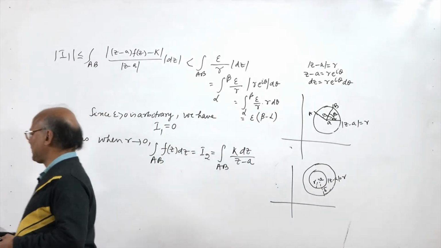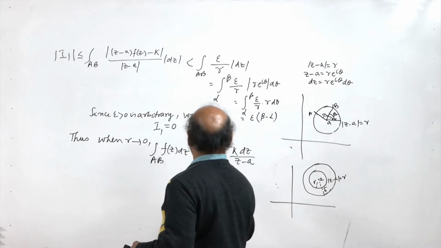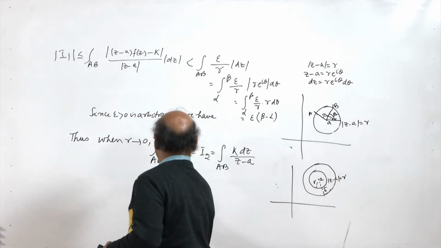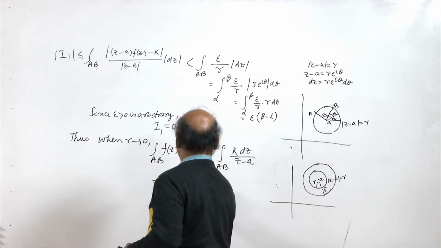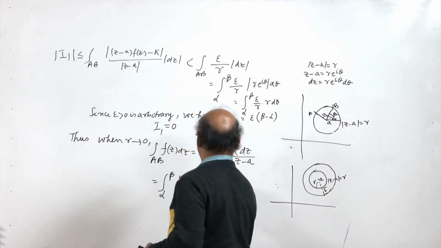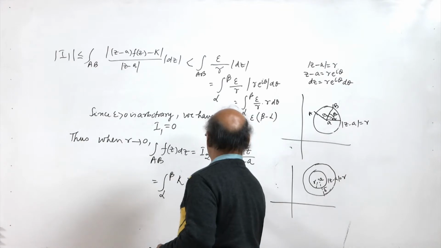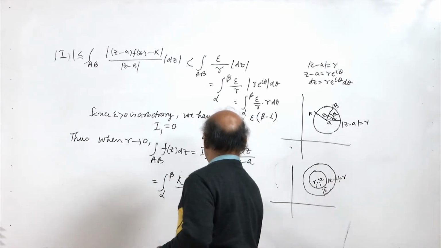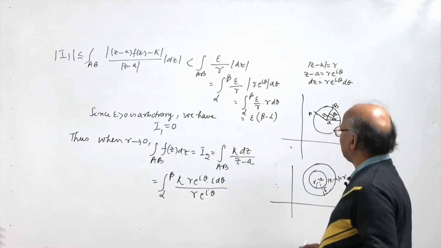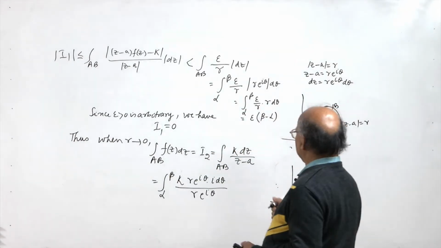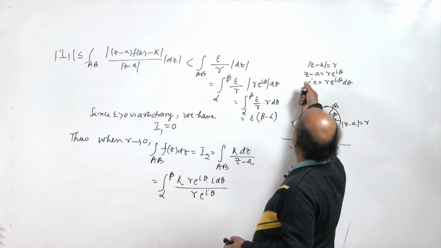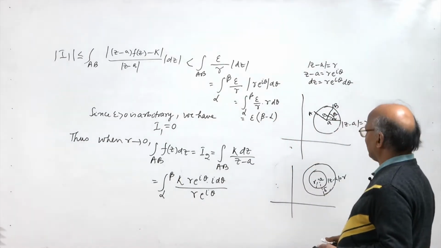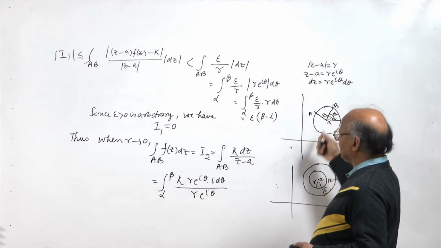Again, let us use the parametric representation of the arc AB. Then we have the integral alpha to beta of k times r e to the power i theta into i d theta divided by r e to the power i theta. The arc AB lies on the circle mod of z minus a equal to r, and so we can put z minus a equal to r e to the power i theta and dz equal to r e to the power i theta i d theta.